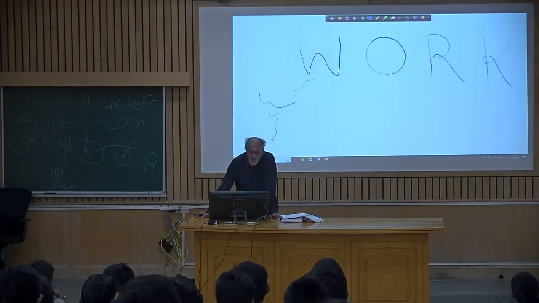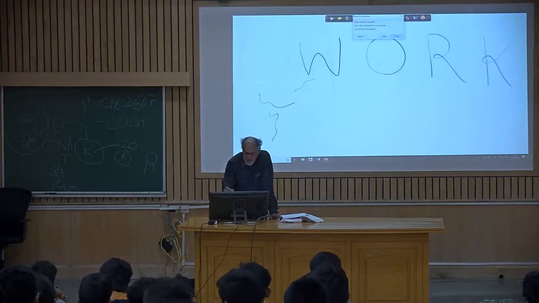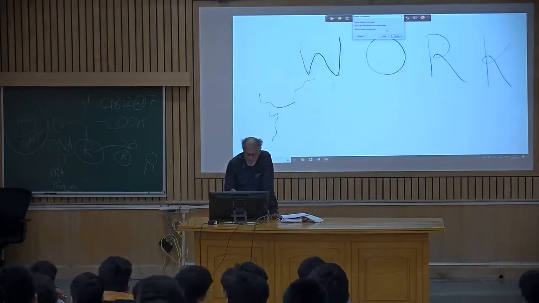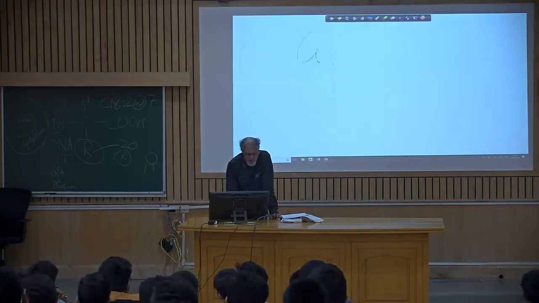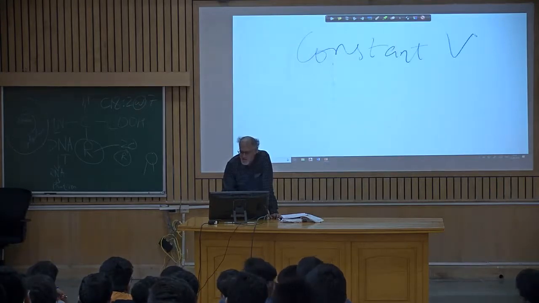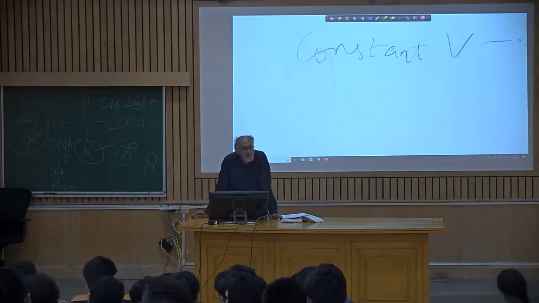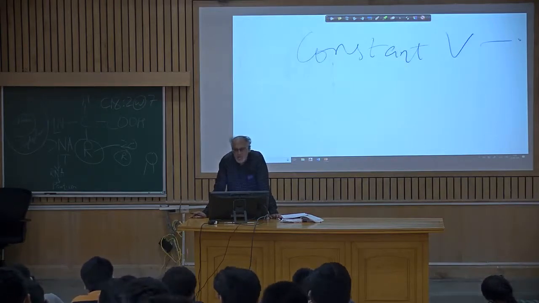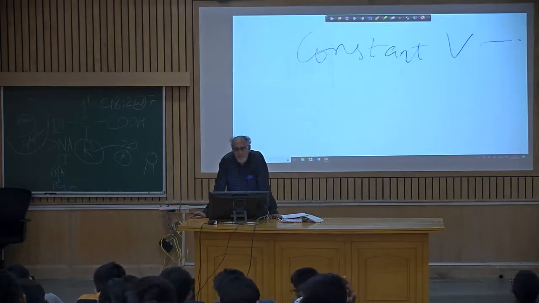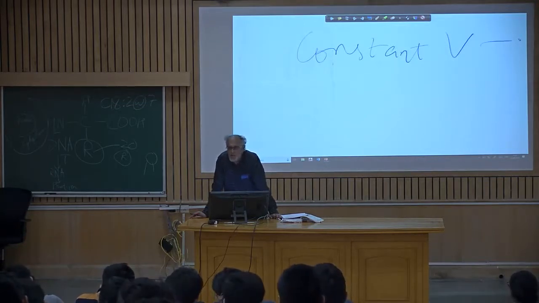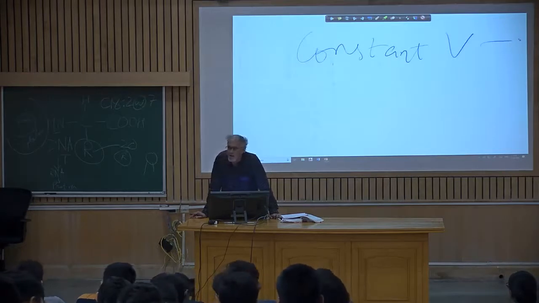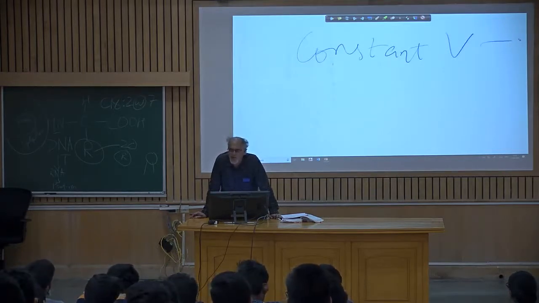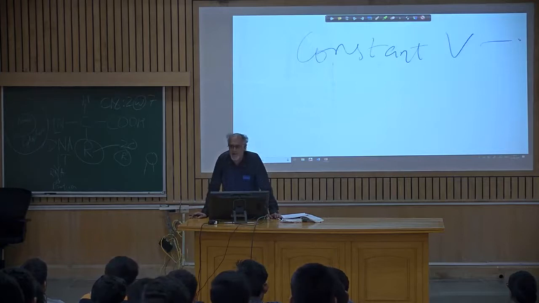Can you write it down again? If you're still confused, this is important. This is maybe one of the important things. Can you write it? Constant V. The volume remains constant. So your body example, is it constant volume or constant mass?